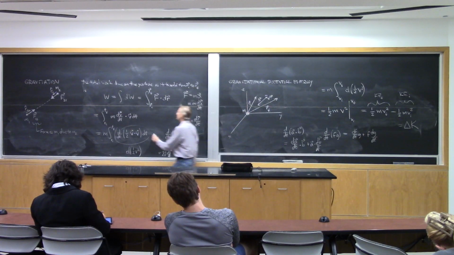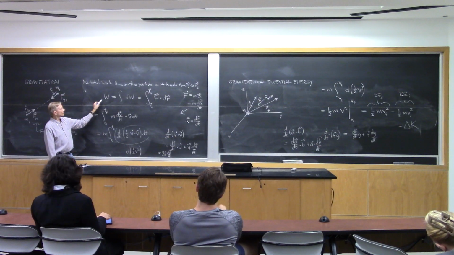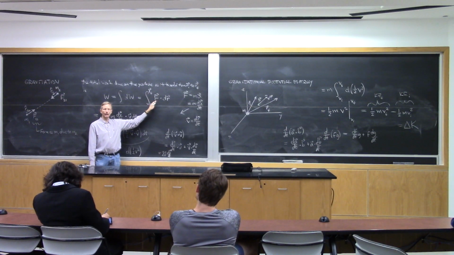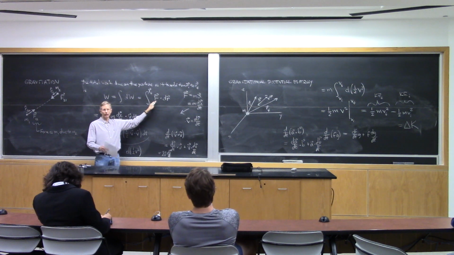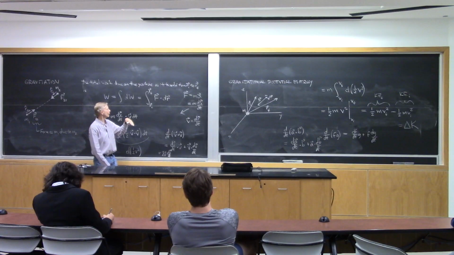In other words, we just proved the work energy theorem, that the total work done. Notice I did not use the fact that this was supposed to be a gravitational force. It's just generically a force. We never used any specific mathematical form for it.